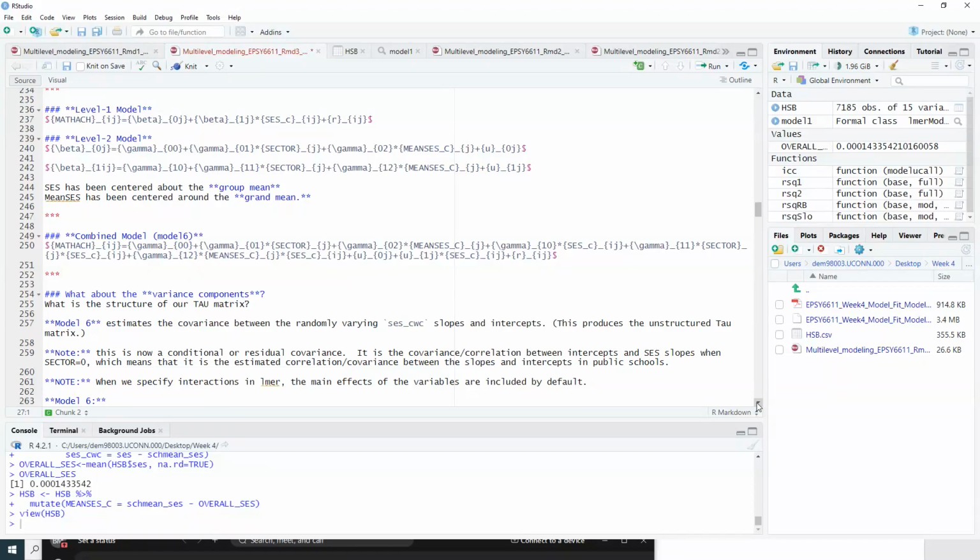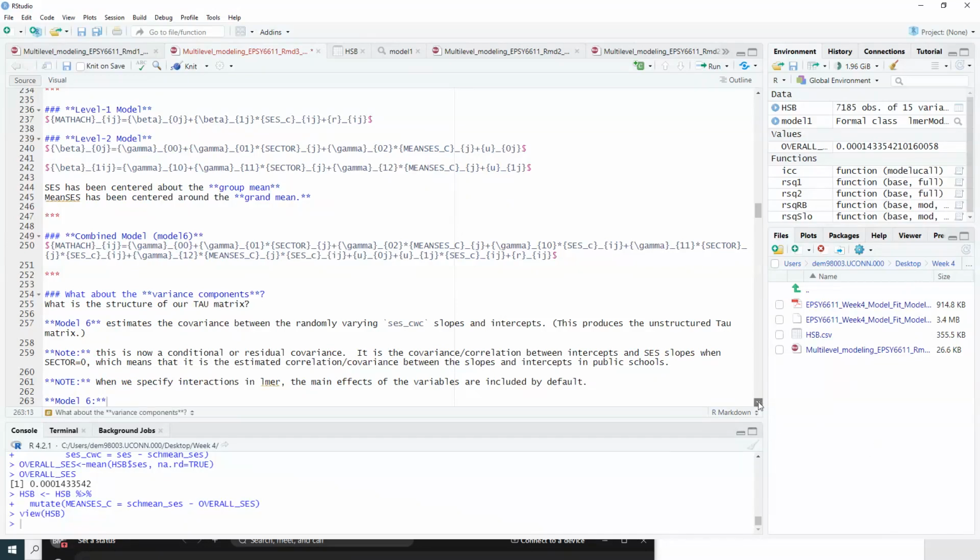With maximum likelihood estimation, because we're estimating everything all at once, misspecification can cause problems in other parts of your model, not just there. So we always want to estimate the covariance is what I'm saying here.